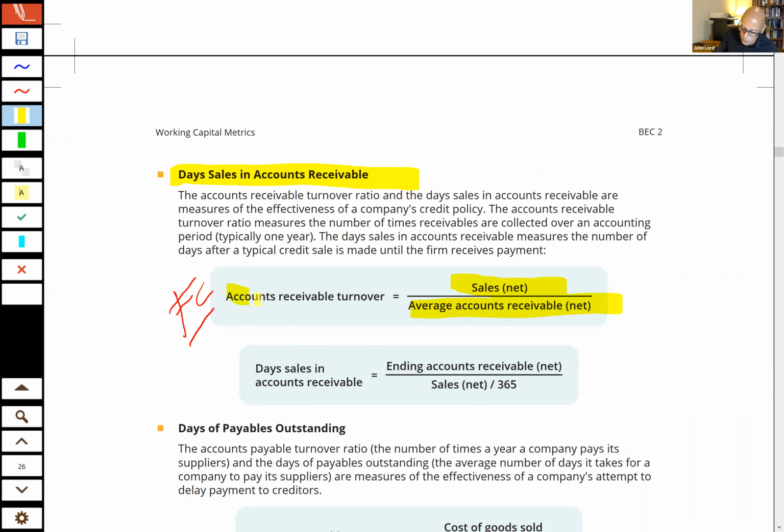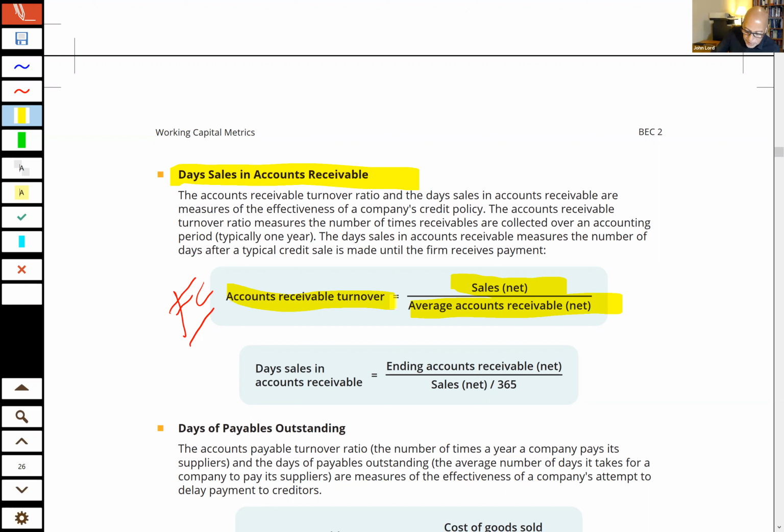And that tells you how many times you basically collect out all of your receivable. Although the receivable balance will never go to 0 during the course of the year, it tells us how many times it would have gone to 0 if we collected all of our receivables before making any more sales.